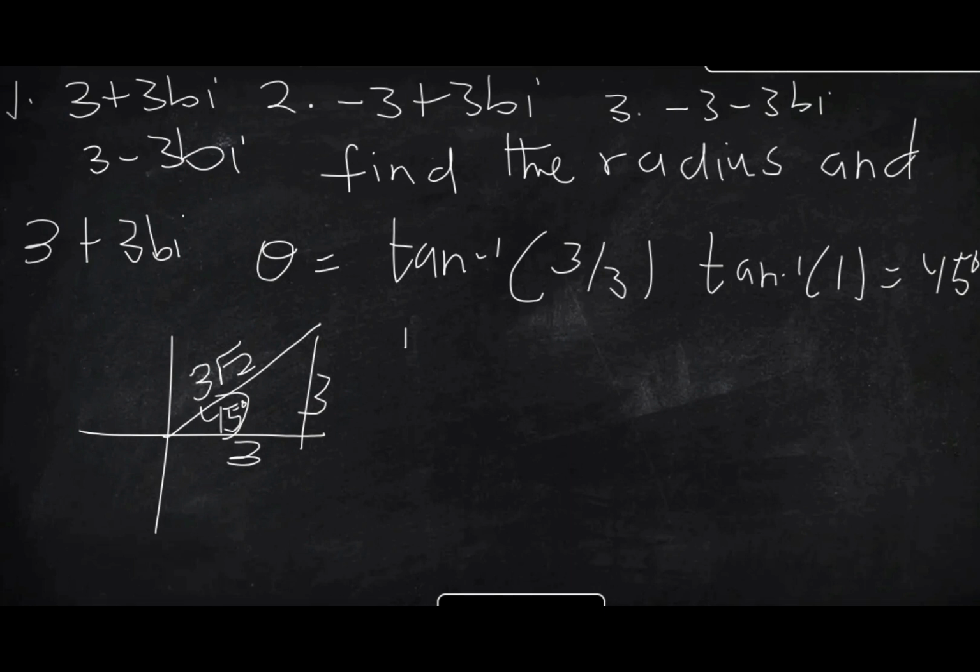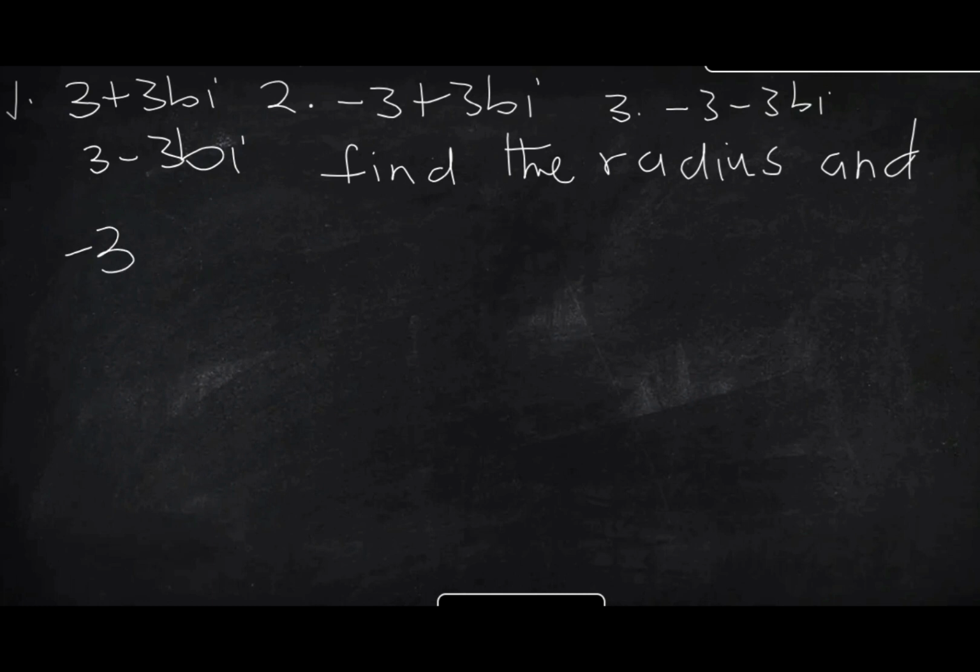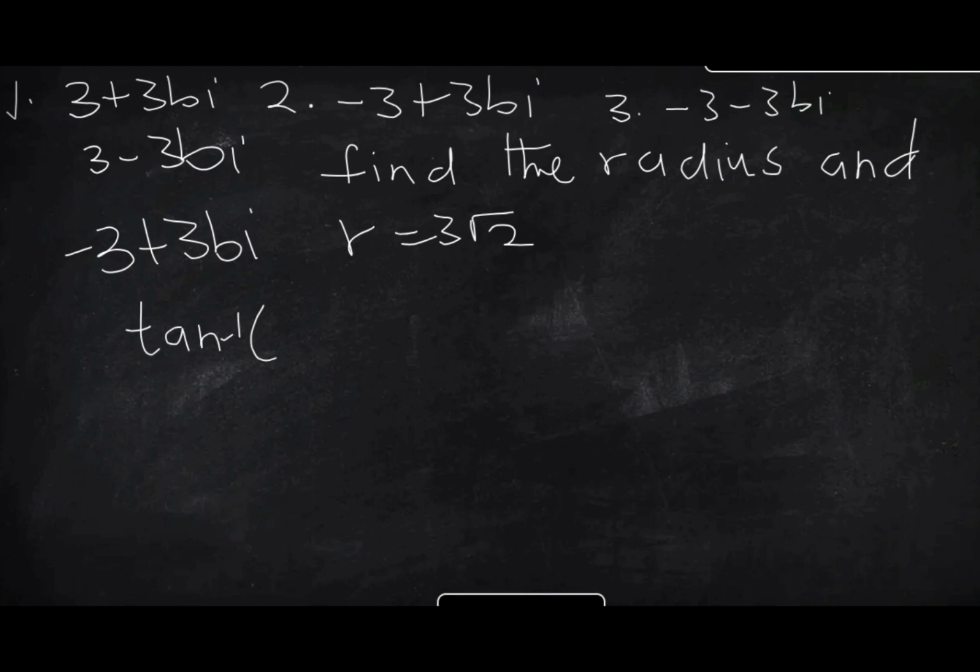Let's take the second one, minus 3 plus 3i. We already know that the radius is 3 root 2. And for the angle here, instead of adding the negative to your computation, we can ignore the negative. The negative will only help us to know the quadrant that our complex number lies in.